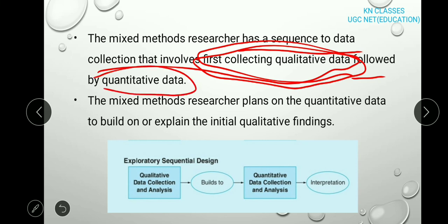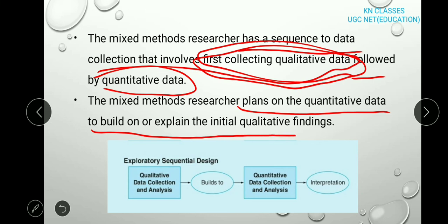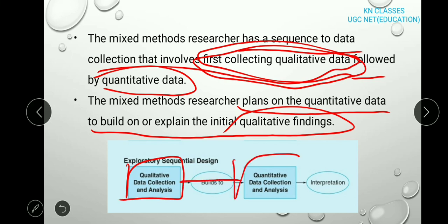The researcher plans to use the quantitative data to build on or explain the initial qualitative findings. Now see the diagram. Here the qualitative data collection and analysis is first, then it moves to quantitative data collection and analysis. After that, interpretation will be made.